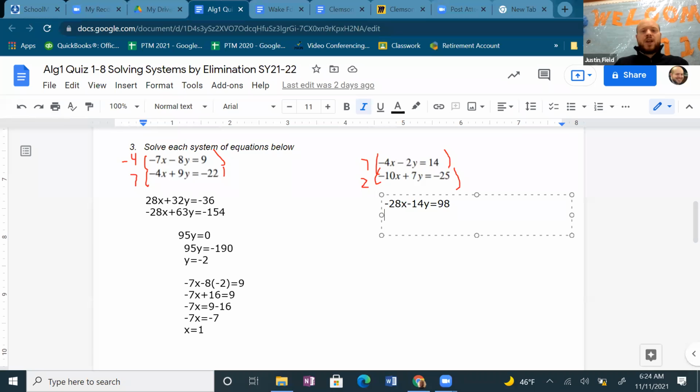Yeah, 2 times, that's -20x plus 14y equals -50. And the y's are going to cancel. So the y's cancel, and then we get -48x equals, what's 98 minus 50? 48. Hey, that's easy. It's just going to be -1.